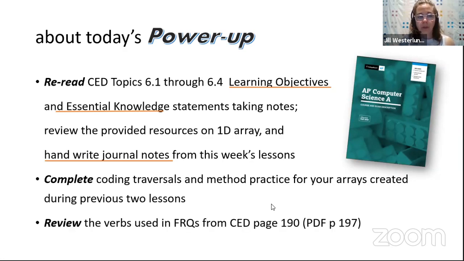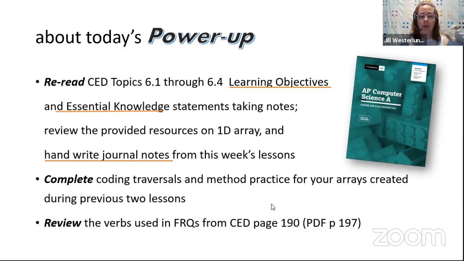And then the third thing from the course and exam description, I want you to go to page 190, and the page numbers are a little off just because of the way PDFs work. The book page number will always be a few pages less than the PDF page number, but you'll be able to just shoot straight to the PDF page number.